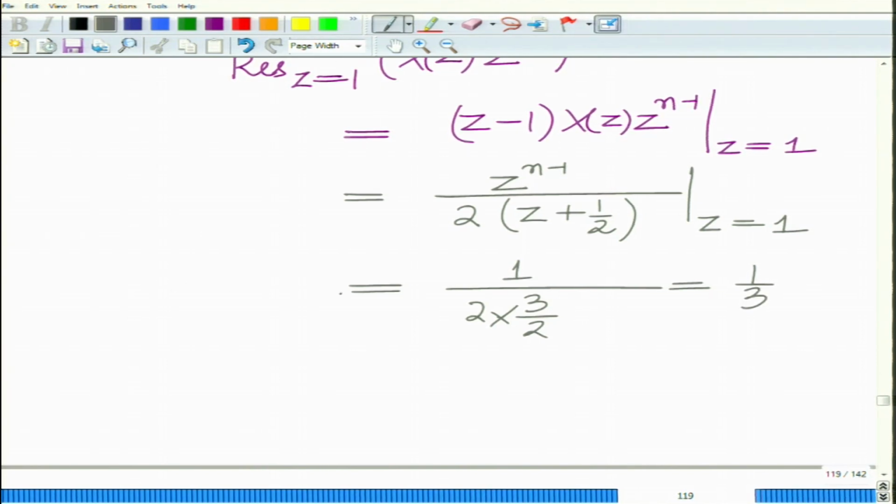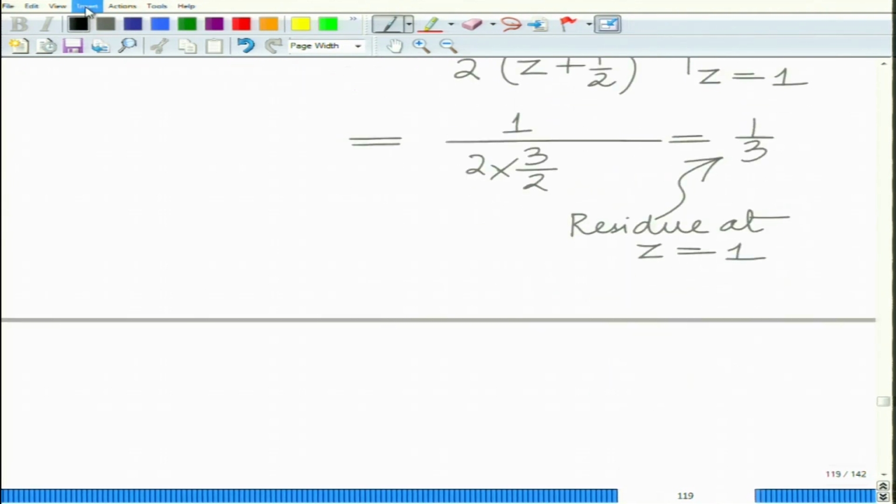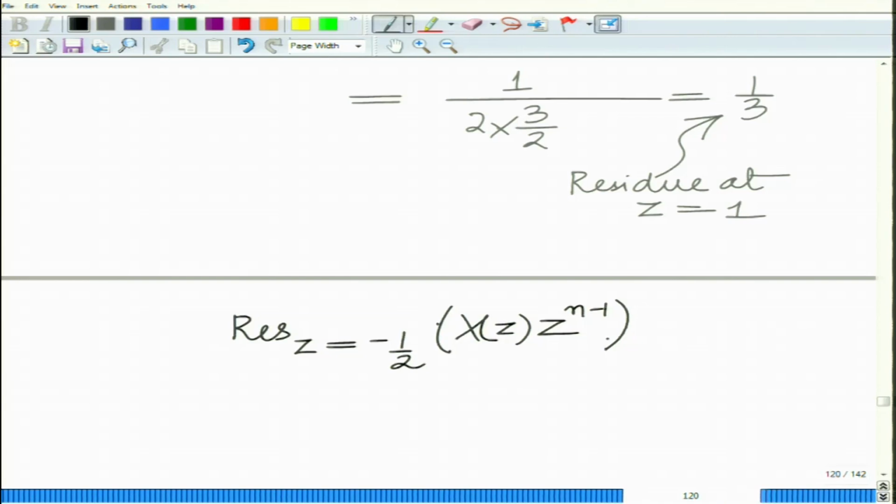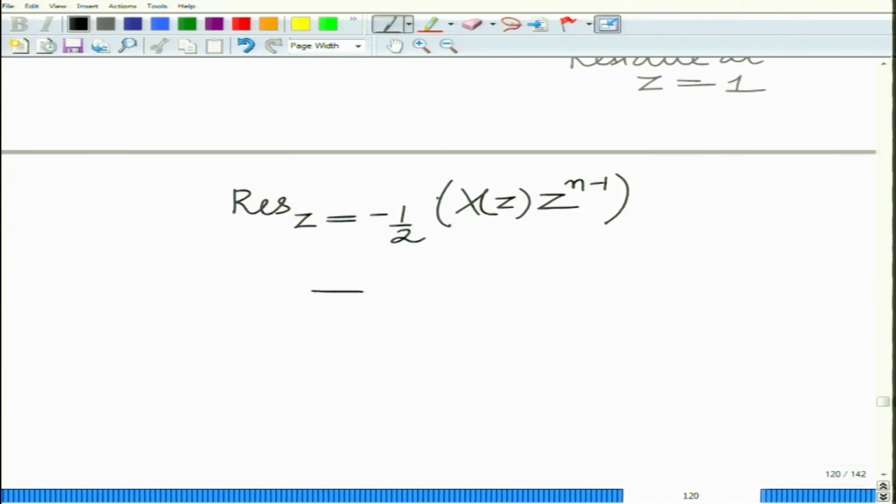So, that is basically your residue at z equal to 1. Now, let us look at the residue at z equal to minus half of X(z) into z raised to n minus 1. The residue at z equal to minus half is basically (z minus p_i), or (z plus half), into X(z) into z raised to n minus 1 evaluated at z equal to minus half.